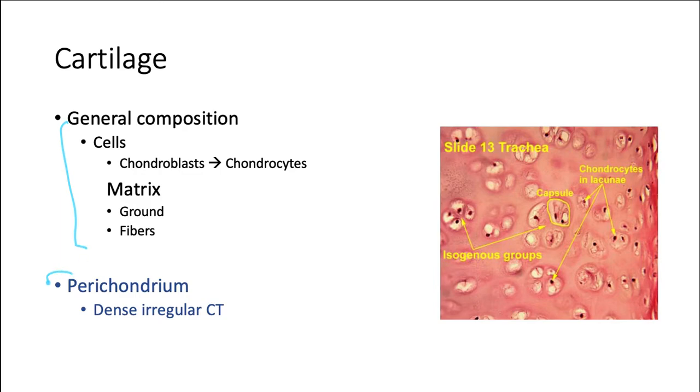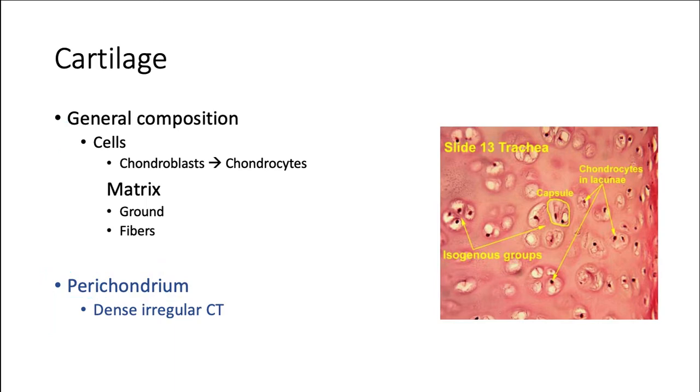And I just wanted to bring up again that cartilage is surrounded with a layer of dense irregular connective tissue, one of the dense tissues. That layer is called perichondrium, peri meaning around, chondrium meaning cartilage. So again, we're going to see this word chondra or chondri a lot when we talk about cartilage. Whenever you see that, think cartilage.